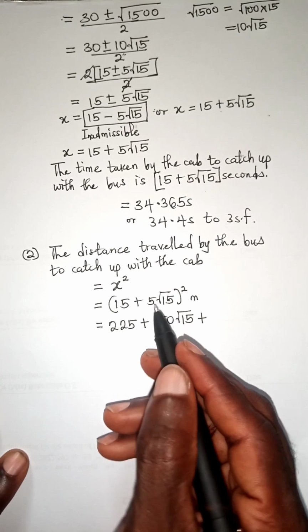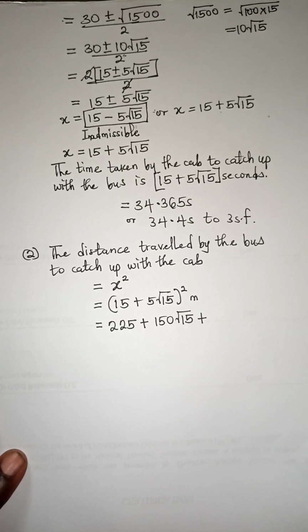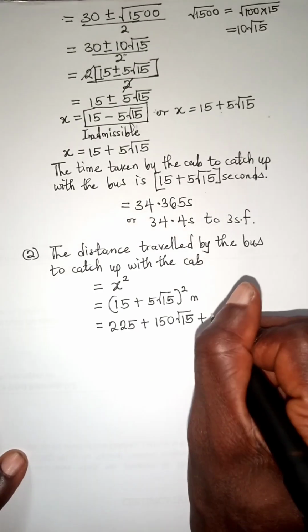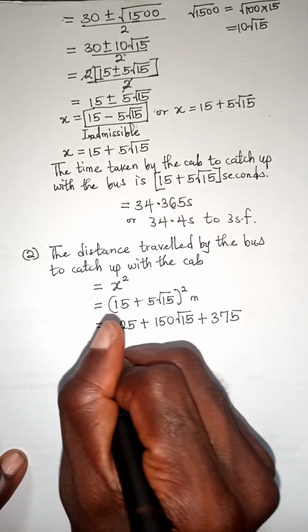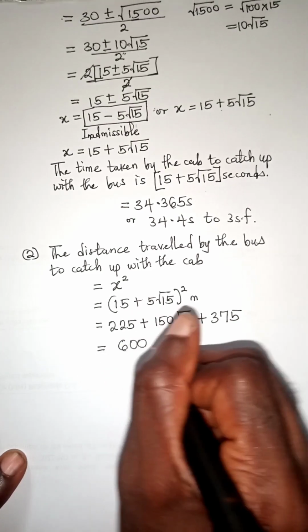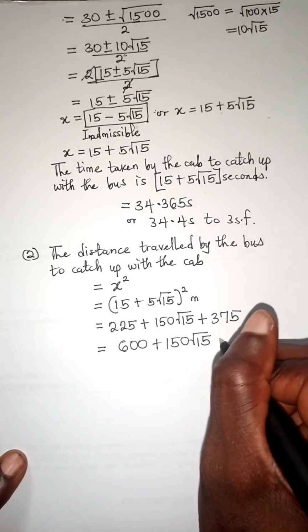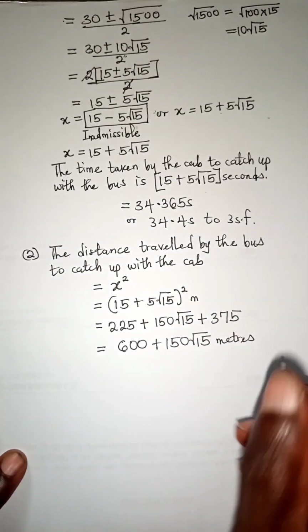So we've got 25 times 15, which is 375. So when we add 375 to 225, it gives us 600, then plus 150 root 15 in meters. That would be the value, but we may not want to stop here.